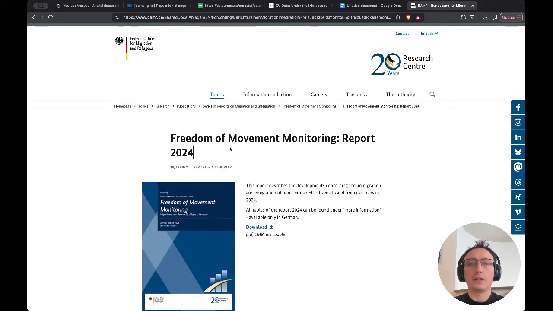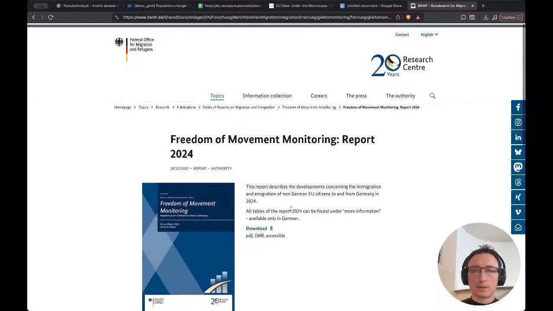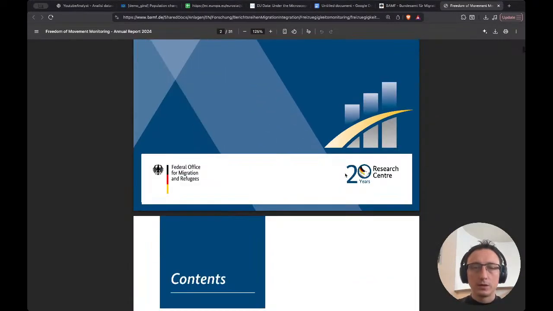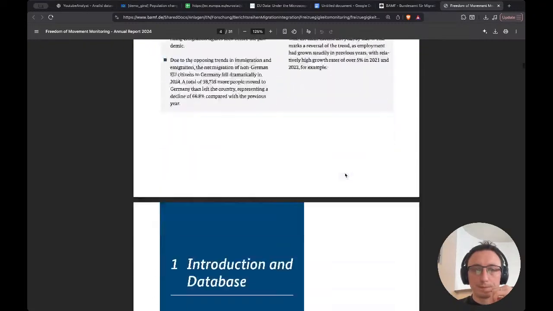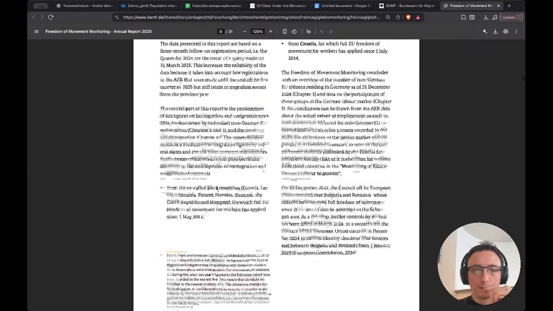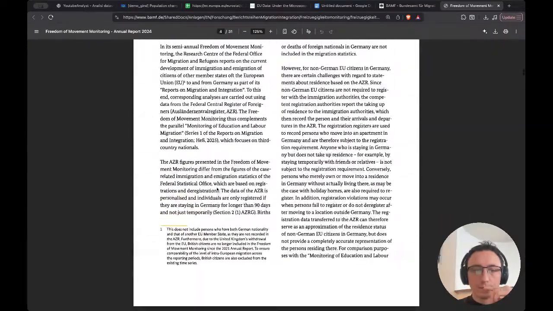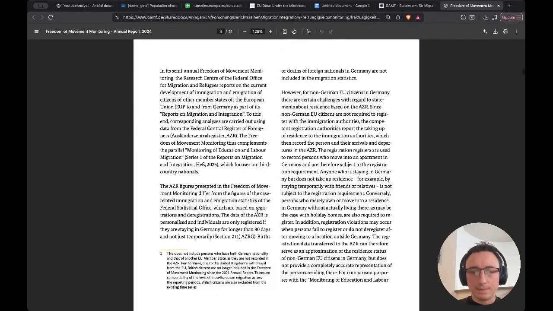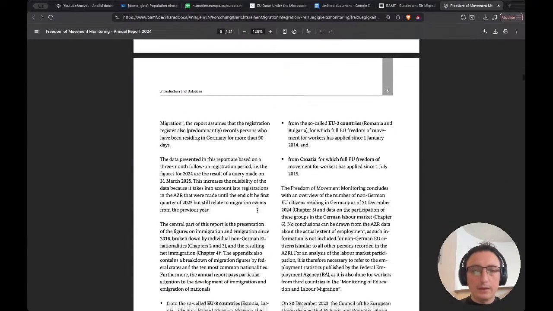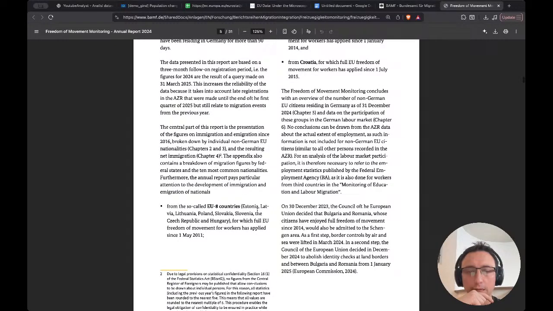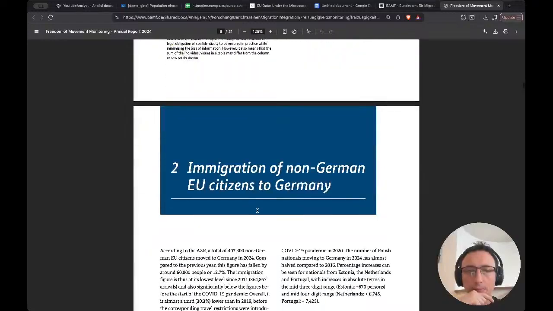Other data set. Freedom of movement monitoring report. 31 pages. What I don't like about this PDF is that they don't show the raw data underlying, as I said earlier.